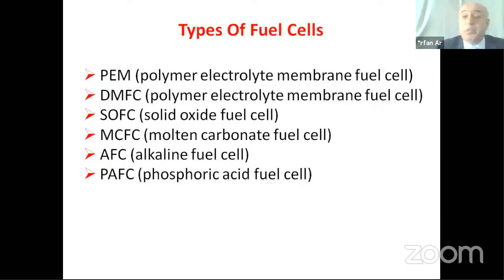Fuel cells can be classified according to the operating conditions, for example, high temperature fuel cells or low temperature fuel cells, or depending on their fuels. But most widely, they are classified according to the electrolytes used within. For example, the polymer electrolyte membrane fuel cell, where the membrane behaves as the electrolyte.